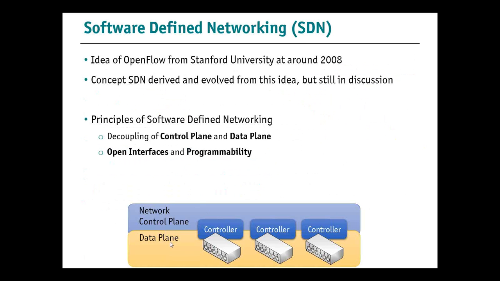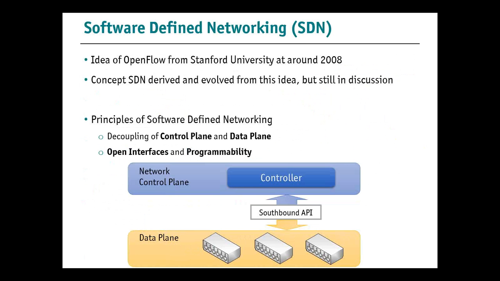Down here you can see a traditional switch with its data plane and network control plane, and every switch has a controller which is responsible for doing the intelligence in the network, so forwarding packets, checking which packet has to be directed to which output port, etc. And what SDN is doing now is separating this network control plane from the data plane and putting all these controllers in a central control plane entity, which is often called controller.